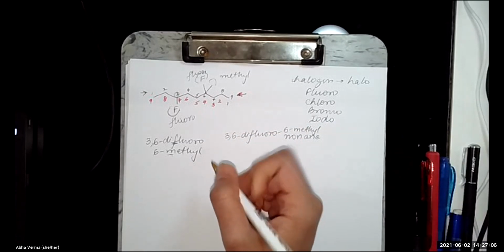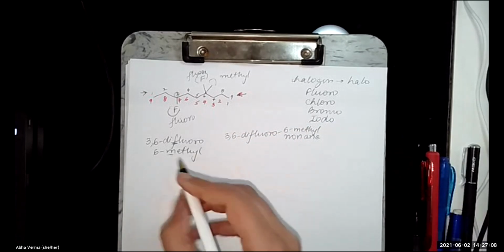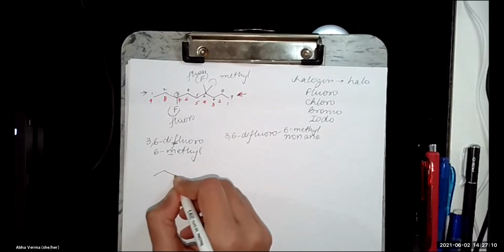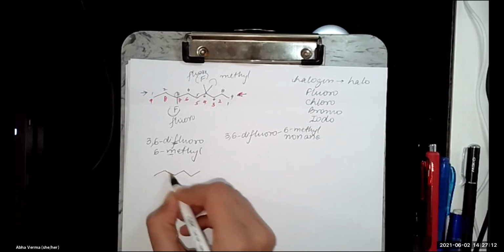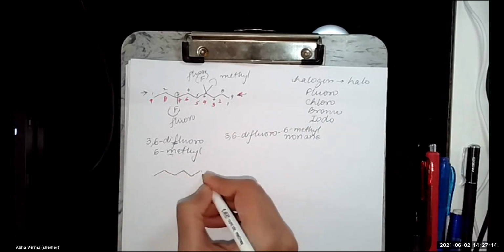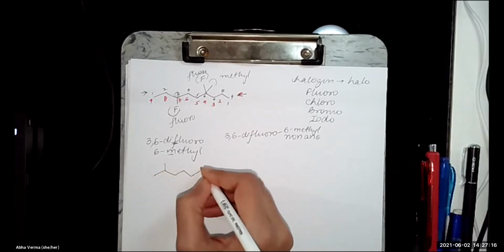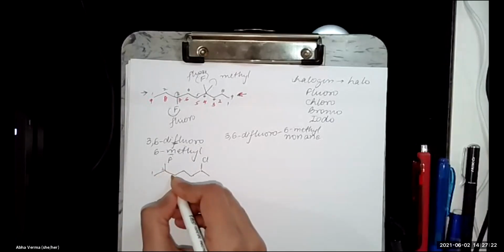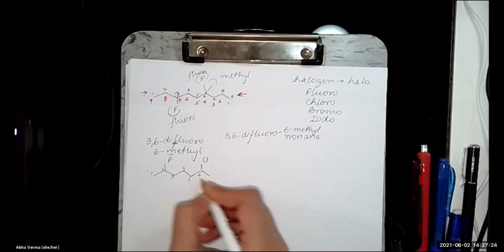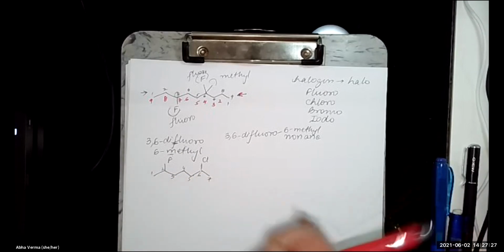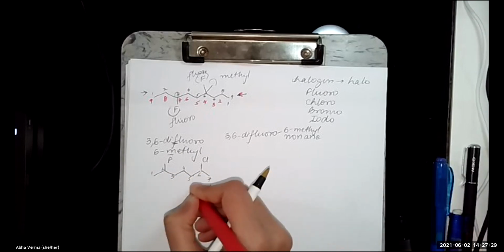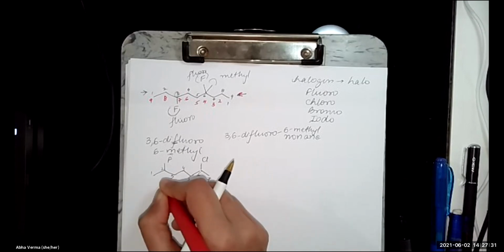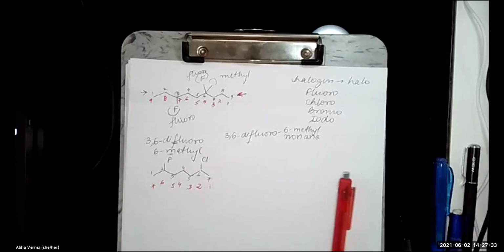Okay. Now there might be a problem when you have equal locations. 1, 2, 3, 4, 5, 6, 7, or 1, 2, 3, 4, 5, 6, 7.